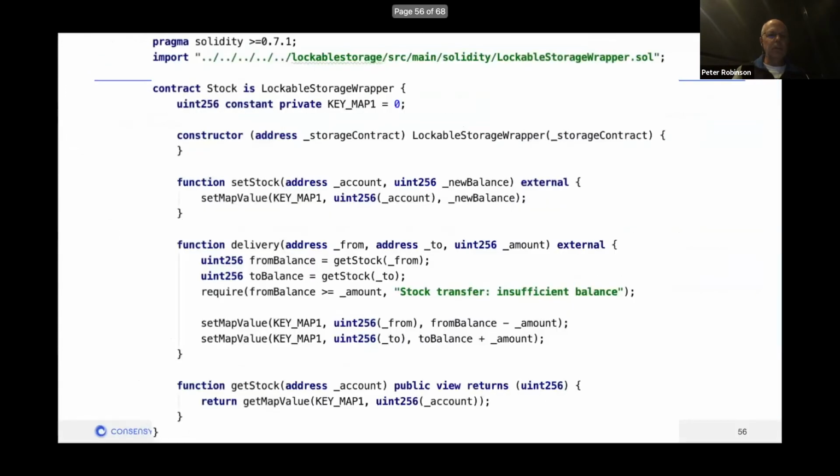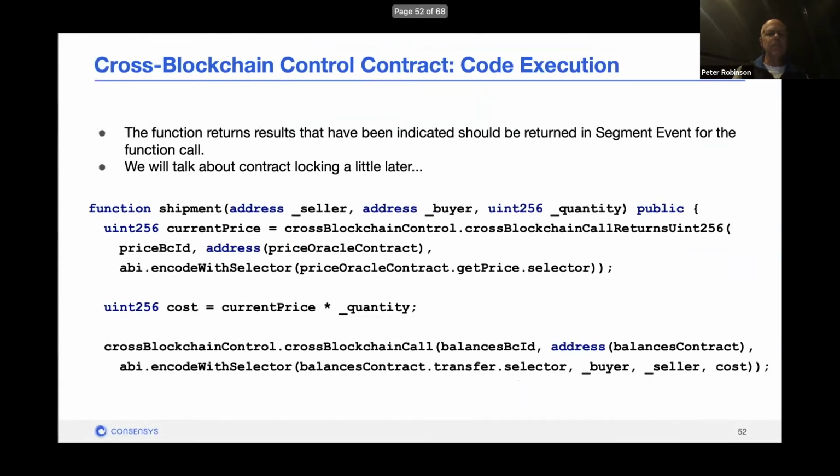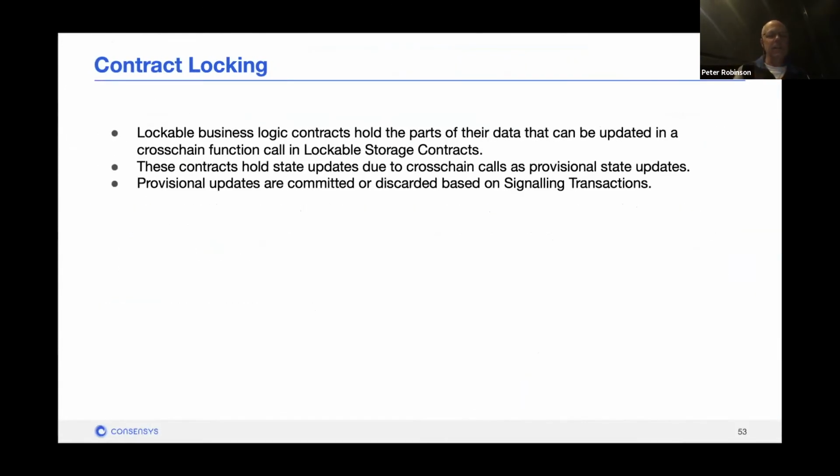Going backwards a bit, we talked about contract locking. You need to be able to lock your data and have the contract storage locked, and then you wait for your signaling transaction to unlock the contract and either commit or discard the updates.